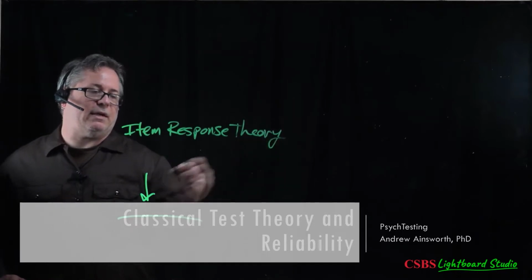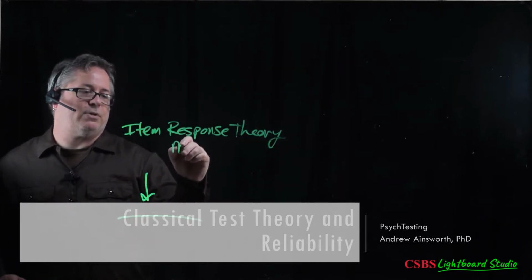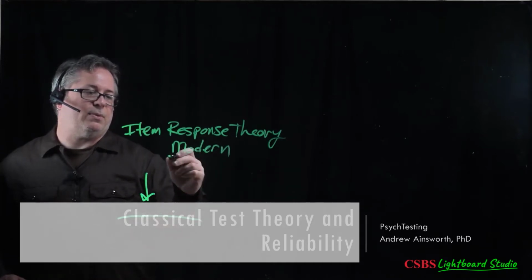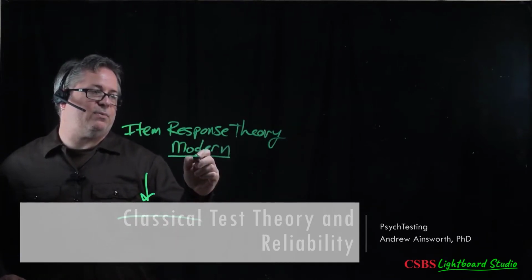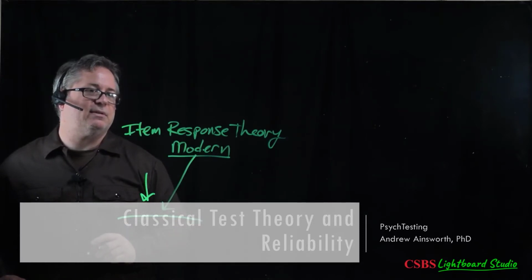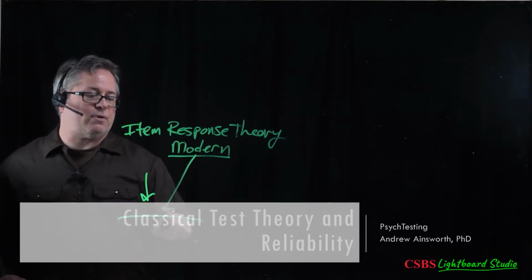That is seen as the modern test theory. Because this is the more modern test theory, they rebranded this as classical test theory. Make sense? So we're going to start off talking about classical test theory.